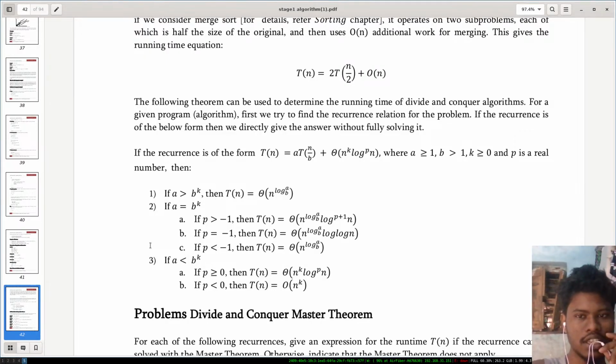Okay, so if the recurrence is of the form aT... oh damn, it's getting harder. It's getting harder.